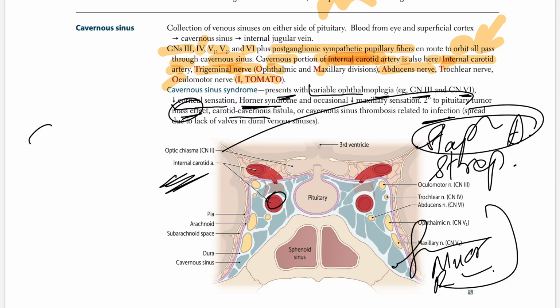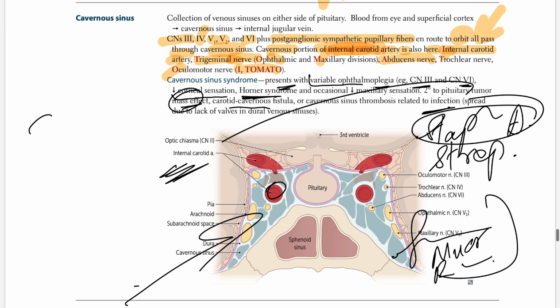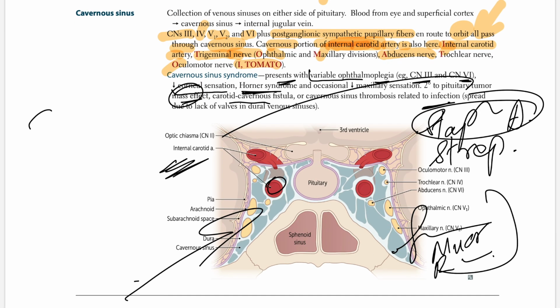So you ask, how are we going to get this infection up there in the brain? The infection can spread from the medial third of the face or the sinuses.